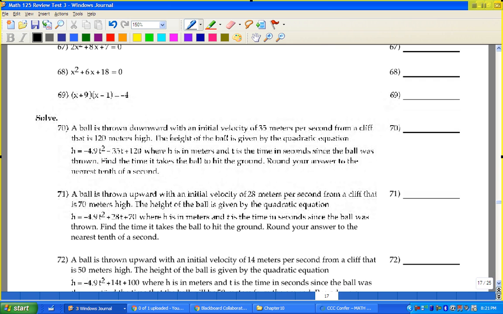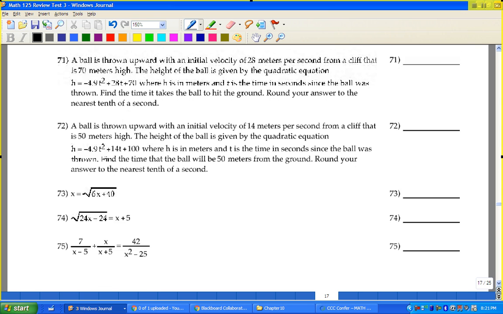The height of the ball is given by the quadratic equation h equals negative 4.9 t squared plus 28t plus 70, where h is in meters, t is in seconds. Find the time it takes the ball to hit the ground. Round your answer to the nearest tenth of a second. So it's a very similar question.